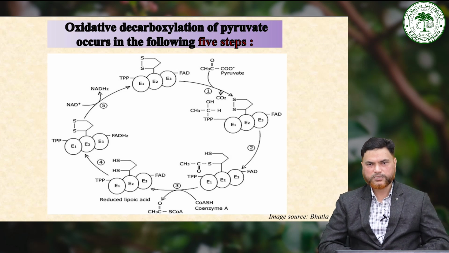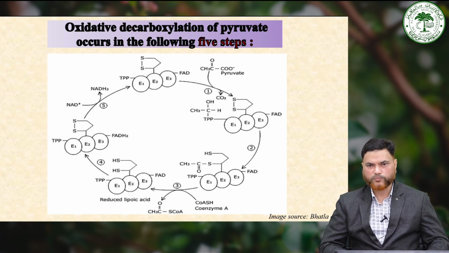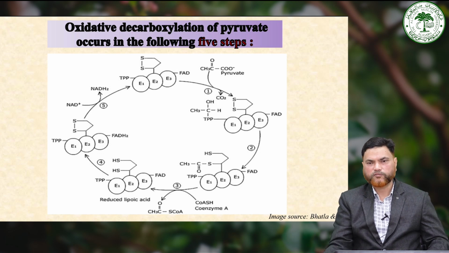So, first step basically is pyruvate dehydrogenase, that is E1-TPP. This is an enzyme that relies on thiamine pyrophosphate and is involved in the decarboxylation of pyruvate, producing a hydroxyethyl TPP intermediate.